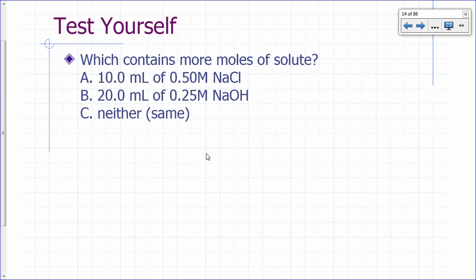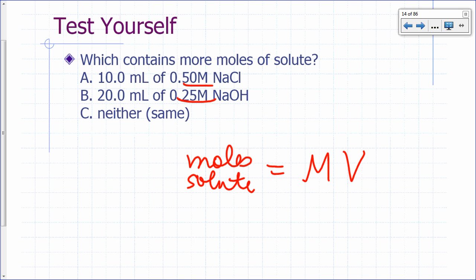It's a quicker question. Which contains more moles of solute? 10 mL of 0.5 molar sodium chloride or 20 mL of 0.25 molar? Or is it neither? You're given the molarities. So to get moles, moles of solute is molarity times volume.